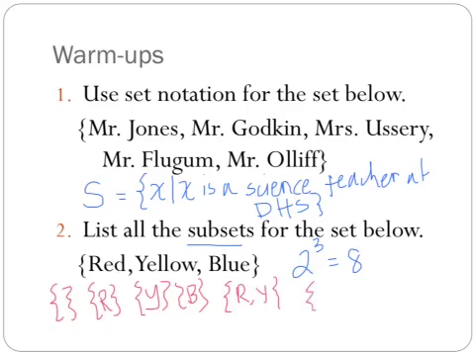We have red, blue, yellow, blue, and then the set itself. Had this been list the proper subsets, this last set that I'm writing would not exist, because again, the proper subset would include all sets except for the set itself.